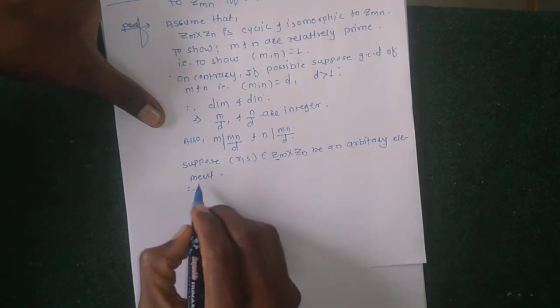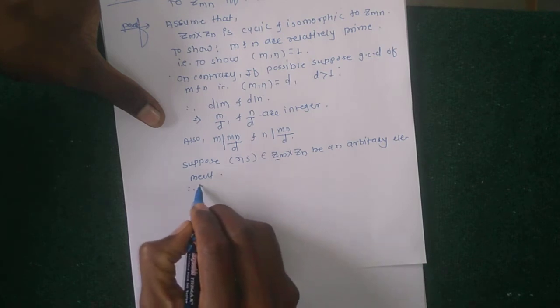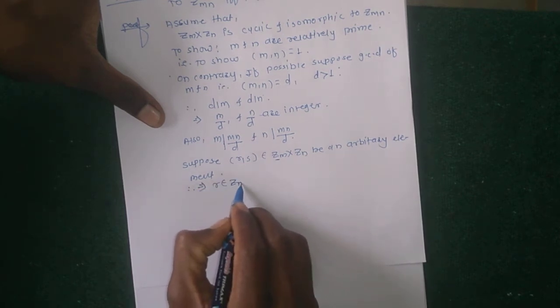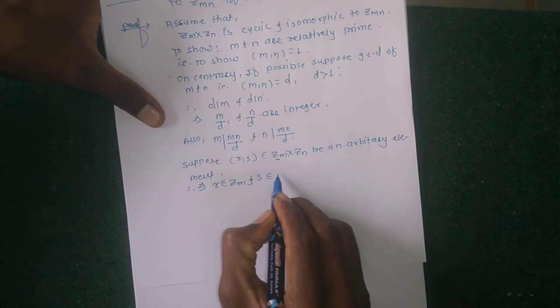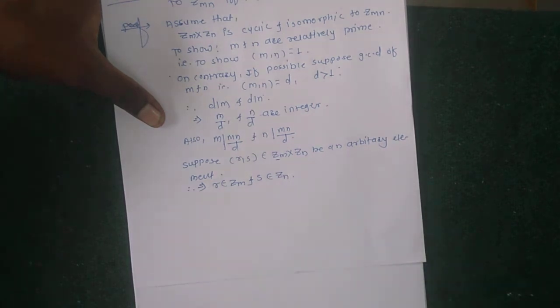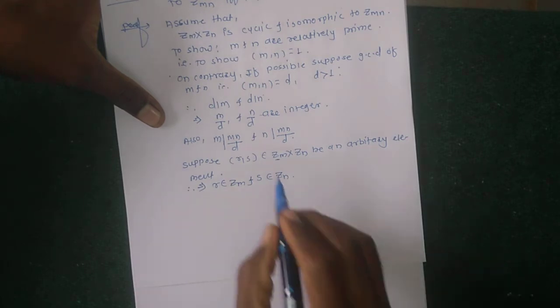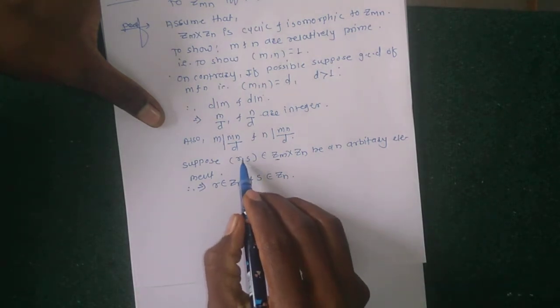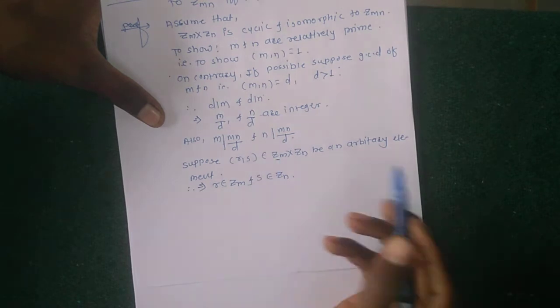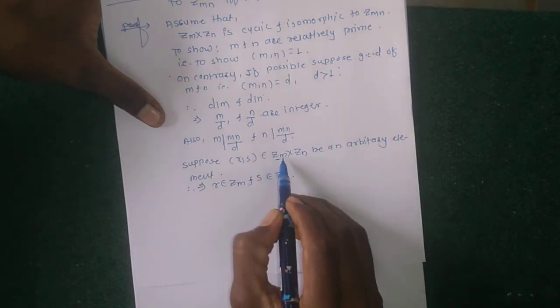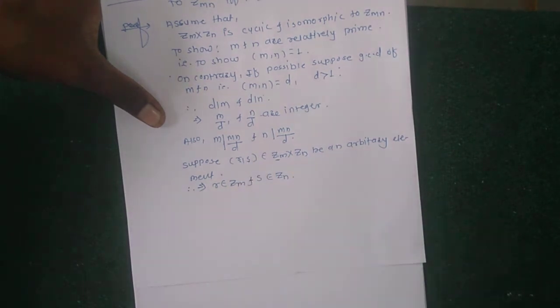So r belongs to Zm and s belongs to Zn. The definition of an ordered pair is (r, s) such that r belongs to the first set and s belongs to the second set.